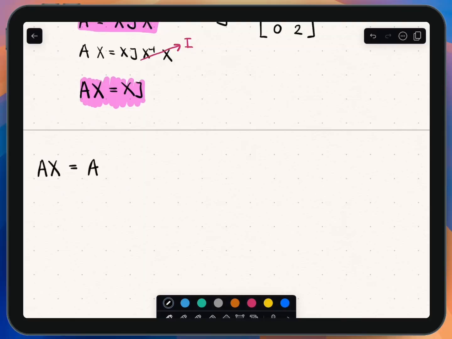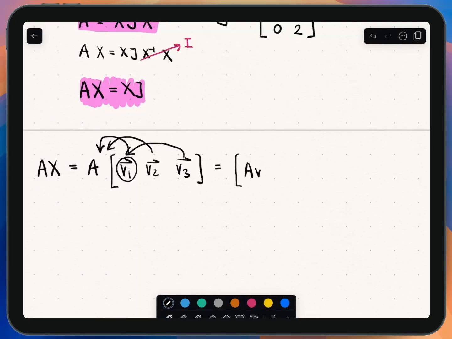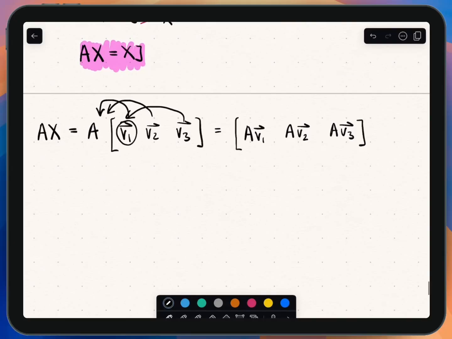I'm going to do a 3 by 3 case, so we're going to have V1, V2, and V3. And how matrix multiplication works is that we multiply V1 with A, and then V2 with A, and then V3 with A. So if I just look at every column by itself, it's going to look something like this.